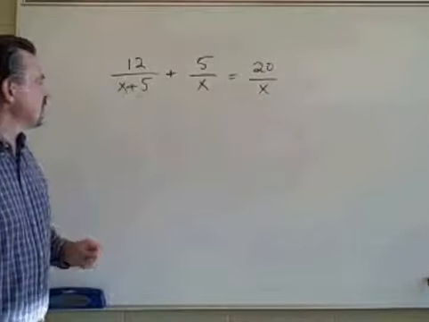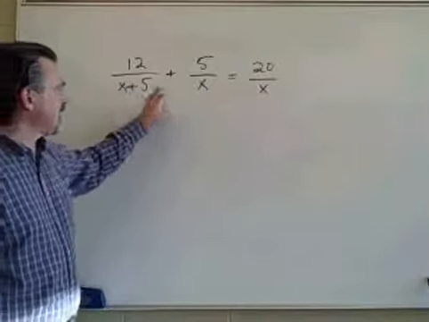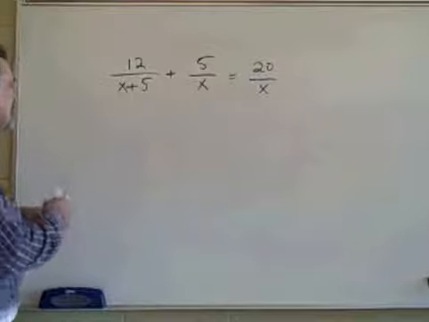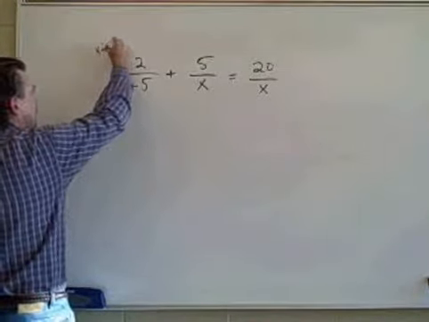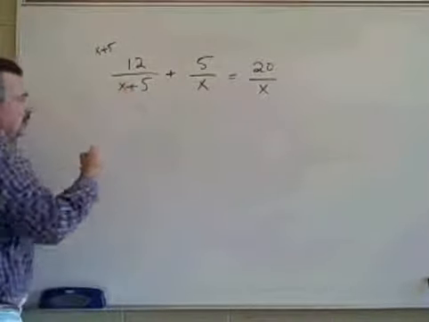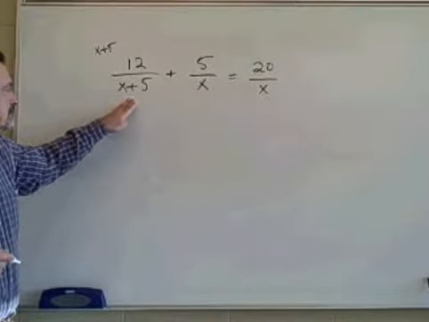So let's solve this equation. We have to find a multiplier that will cancel out the denominators. Well, for this fraction right here, wouldn't that take a multiplier of x plus 5? Wouldn't I need the entire binomial to cancel that entire binomial that's here in the denominator?